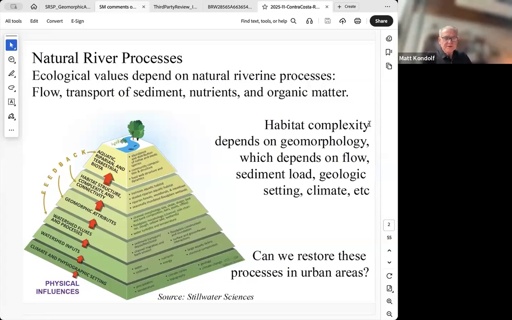That includes, of course, the flow of water, but also the transport of sediment and nutrients and organic matter. And the complexity of the habitat will depend on the geomorphology, which of course depends on the flow, sediment load, geologic setting, the climate, and so on. And I think it's a live question in many cases of can we restore these processes in urban areas?